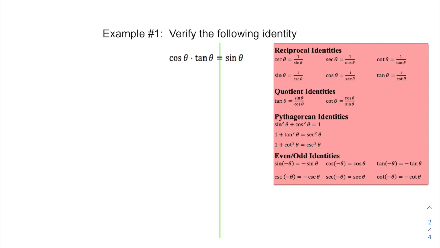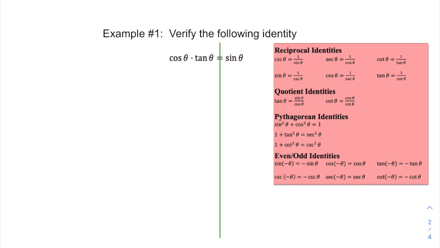I'm going to pick either the left side and work on that, or the right side and work on that, and try to turn one into the other. It's kind of like saying one side is the given, the other side is the proof of a two-column proof. When I look at this question, I would like to work with the left-hand side because it's the more complicated side. There's not necessarily a correct answer to which side you have to work on. I just say work with the side that is more complicated because you have more options. So I'm going to work with the left-hand side.